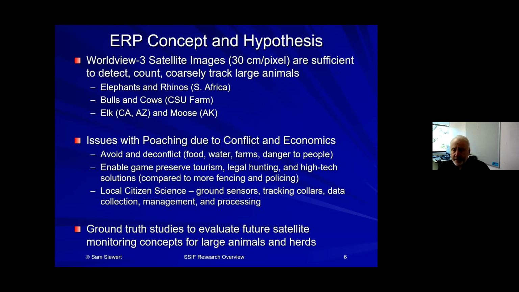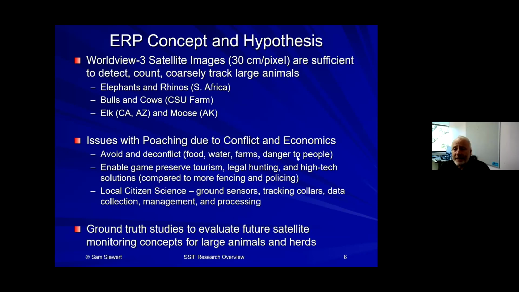They have resolution down to 30 centimeters per pixel. That's sufficient to see elephants, rhinos, bulls, cows, elk. I don't have evidence for moose, but I suspect it would be true if you can see elk. There are images of caribou in northern Canada that people have collected from WorldView-3.